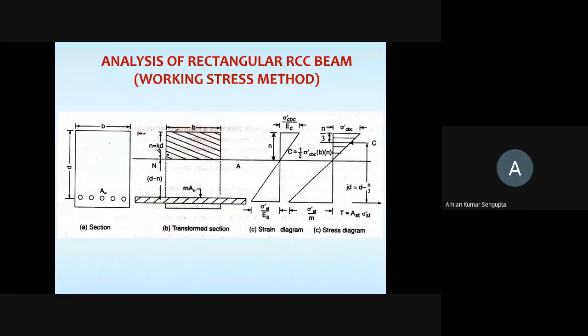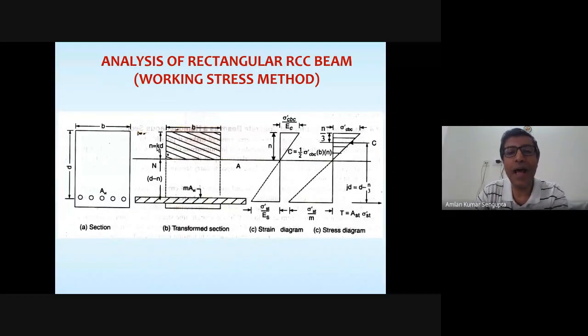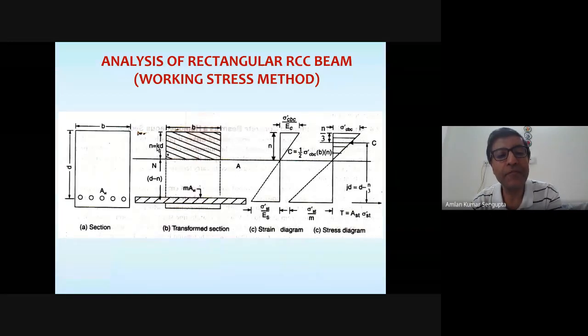Okay, let me just add a few sentences for clarity. In this type of analysis problem, from the original section, we go to the transformed section. And then first we draw the strain diagram. In the strain diagram, we follow one important principle, which is called strain compatibility. What is strain compatibility?